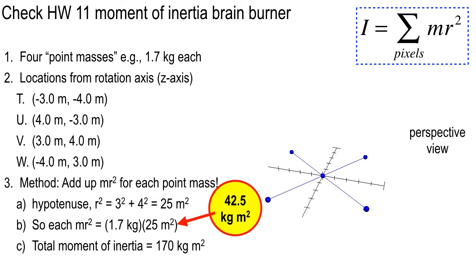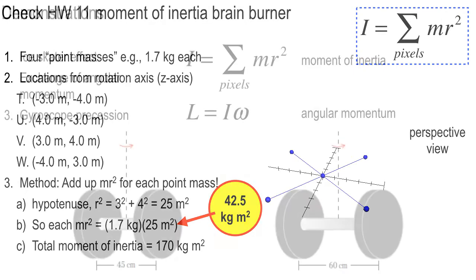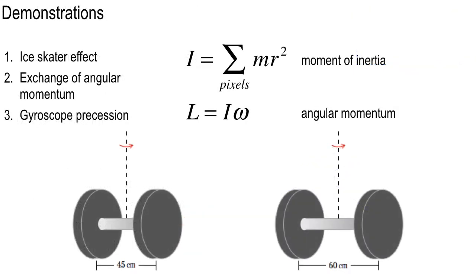Now we're going to do some demonstrations, okay? Go ahead and jot down this formula. We've already talked about it. We're going to be talking about not pixels, but elements of mass moving around to different locations.